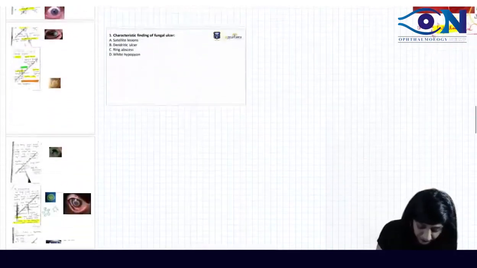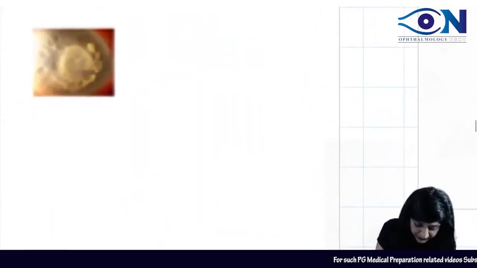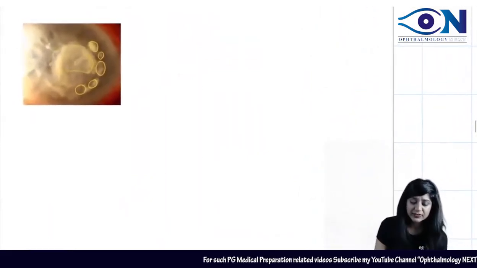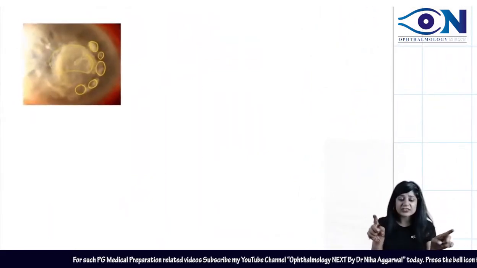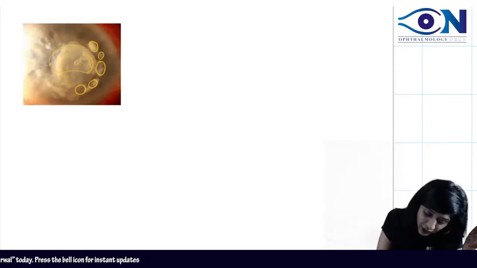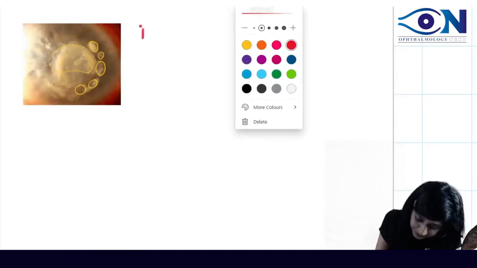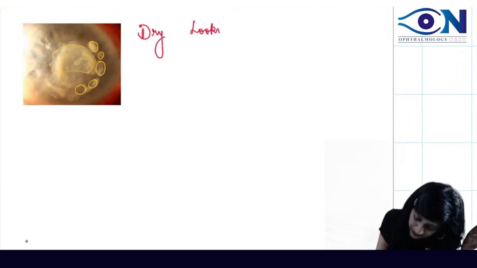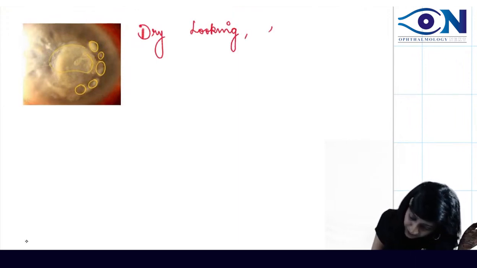Alright. Now we will try to see a different kind of ulcer. Can you see this? We are having a large ulcer and we are having smaller ulcers also. So basically what you are seeing is a dry looking ulcer. It is grayish white.